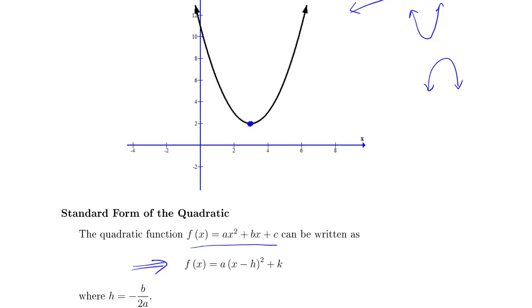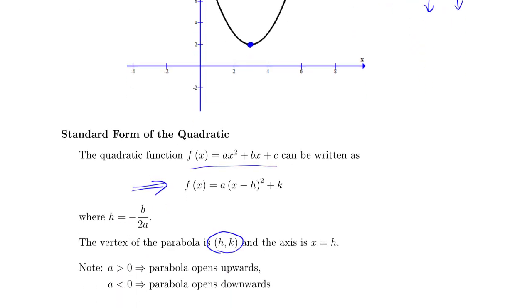All right, and so that's a very important point of the parabola. And in fact, that h value, which we can get directly from the a and the b that's in the other form, the h is negative b over 2a. So that is also not surprising because you see that in the quadratic equation, and there's a good reason.